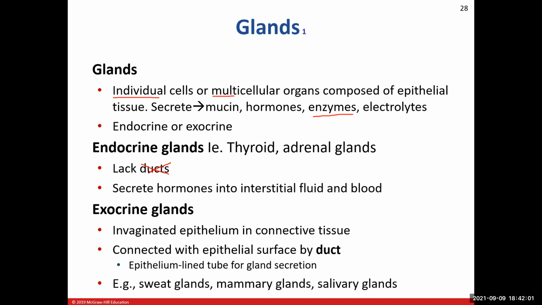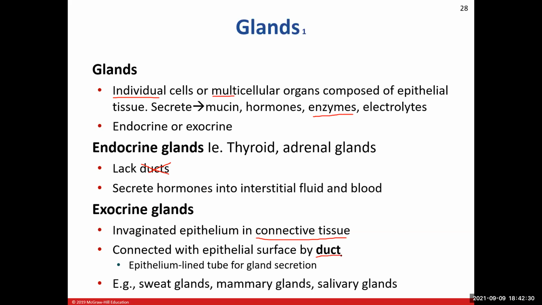Exocrine glands are that epithelium that I was telling you about during development, which was living on the surface of the fetus. It invaginates in and pushes in, and it winds up in some of the deeper layers below. In fact, it goes all the way down into the connective tissue, in the dermis of our skin, but it keeps a connection to the epithelial surface via a duct.